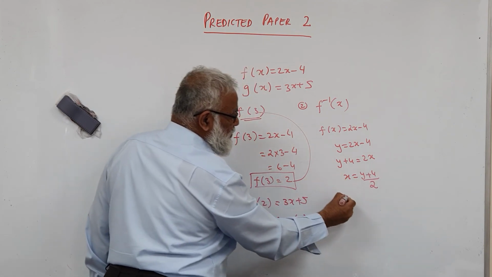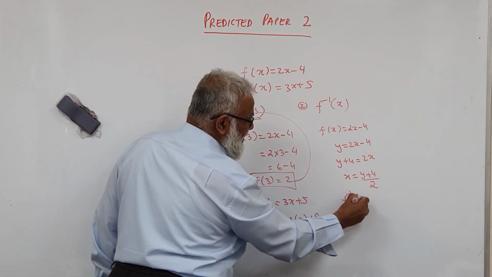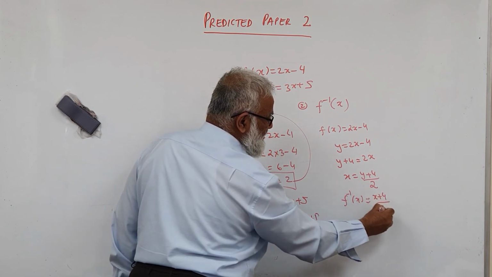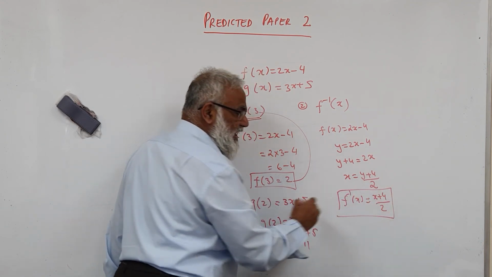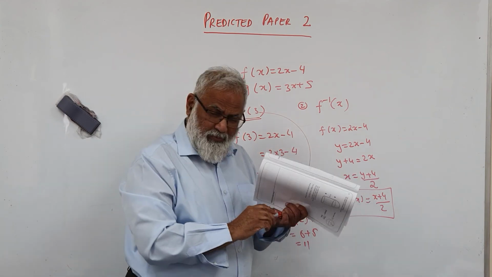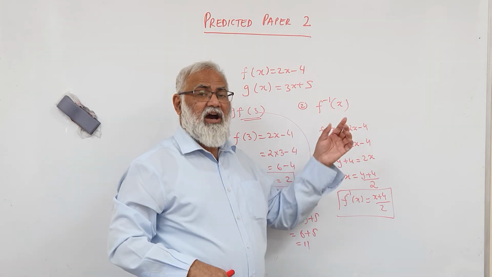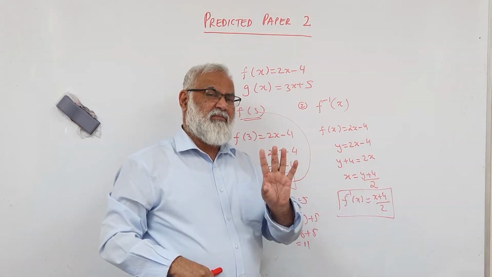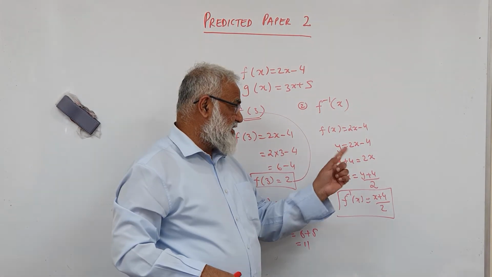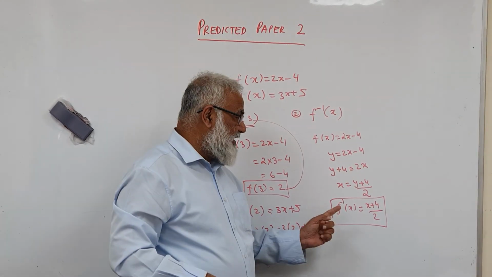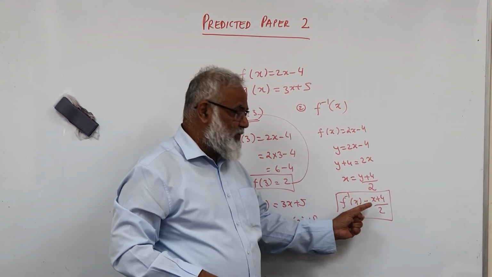Then back to f inverse x, and wherever there is y, I will replace it by x. And that is your inverse function. Too many things to absorb, so practice like that. The question is given, I replace by y. Step number 1, just replace by y. Second step, find the value of x. Then you replace y back to x.